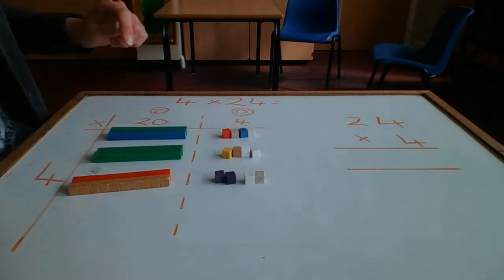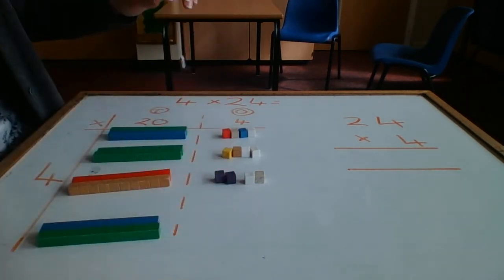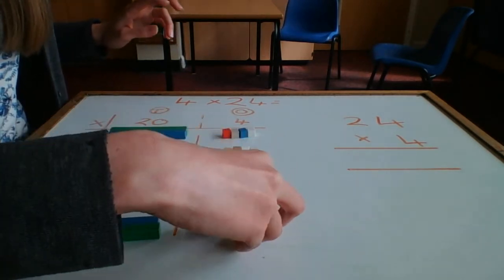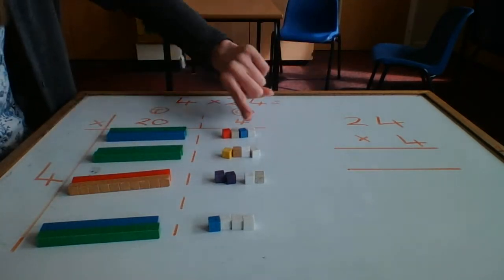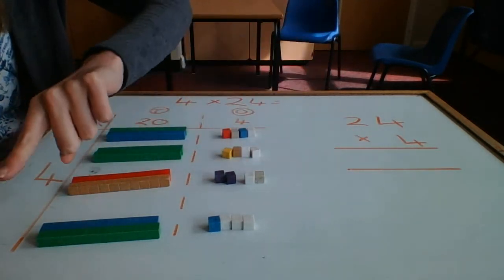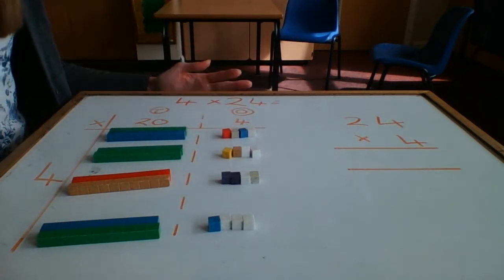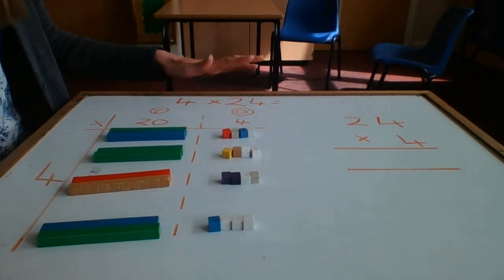And one more set of 24 will make 4 lots of 24. There we go. And as you can see, I've lined them up, tens and ones all lining up. So 24, 24, 24, 24. And that's my array to show what I'm doing over here.